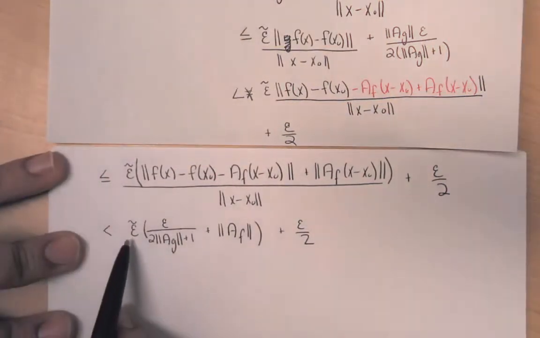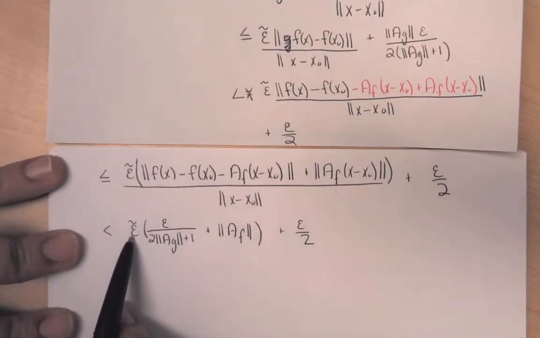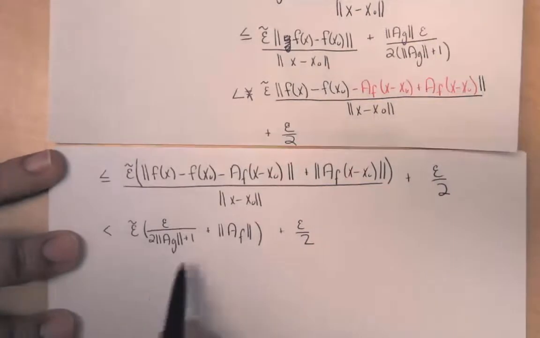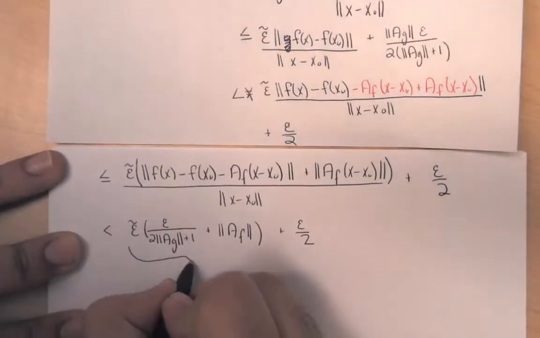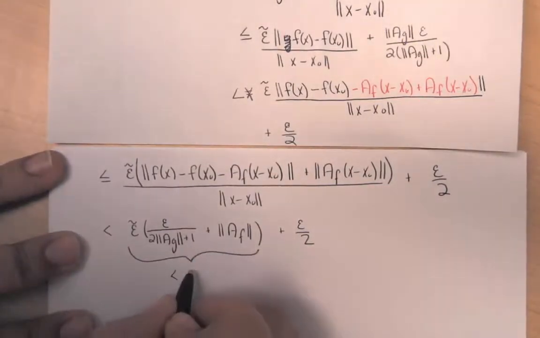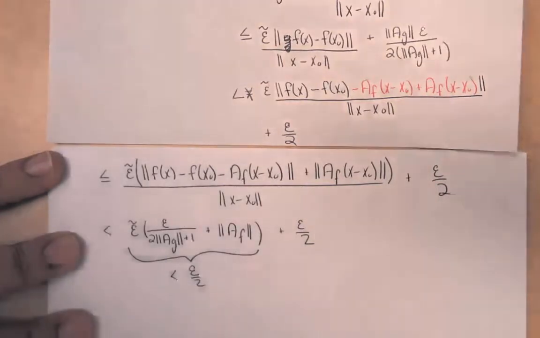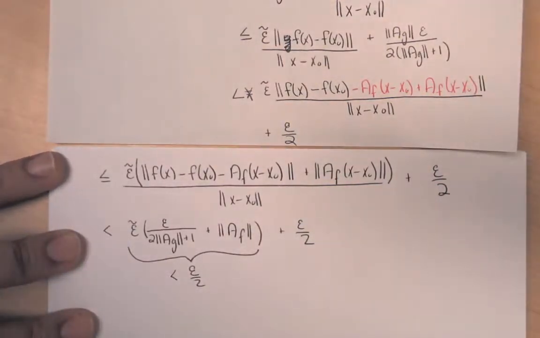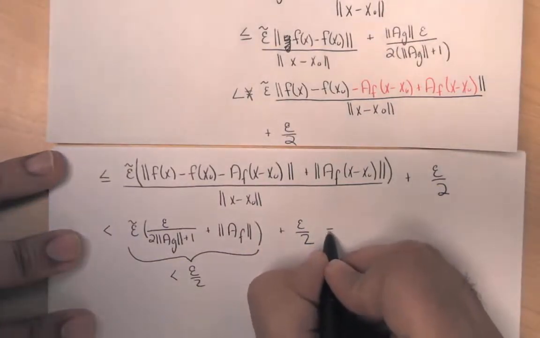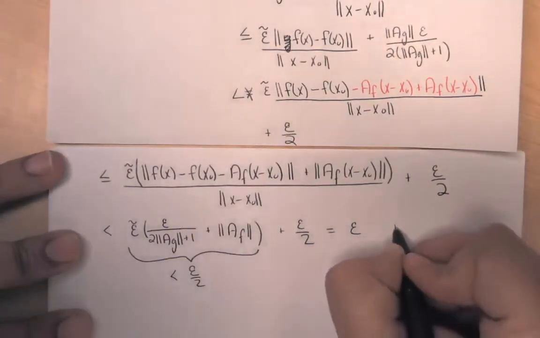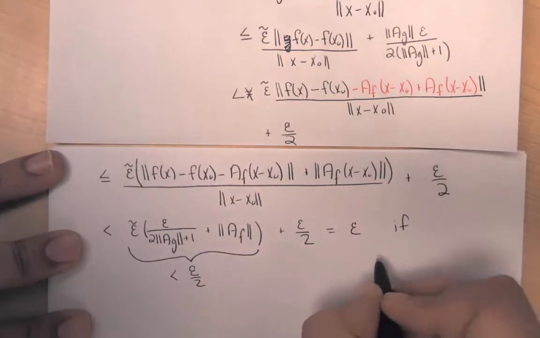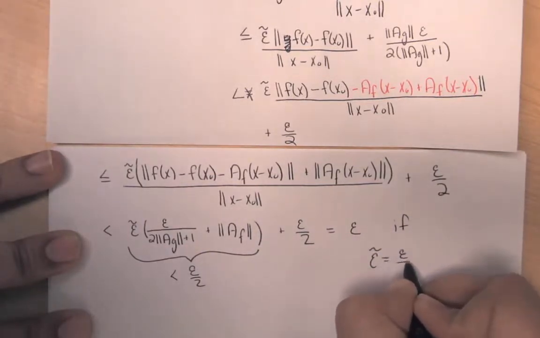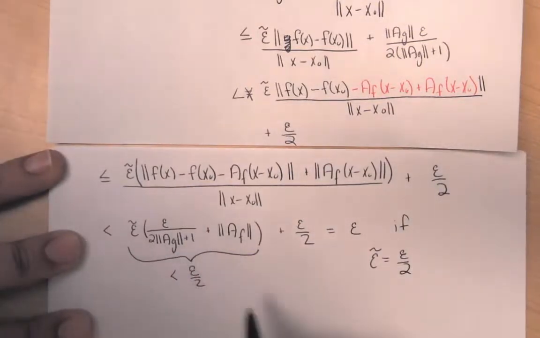Now, remember, epsilon tilde was an epsilon to be named later. Well, I want this entire thing to be less than epsilon over 2. So this equals epsilon if epsilon tilde is epsilon over 2 times the reciprocal of this.